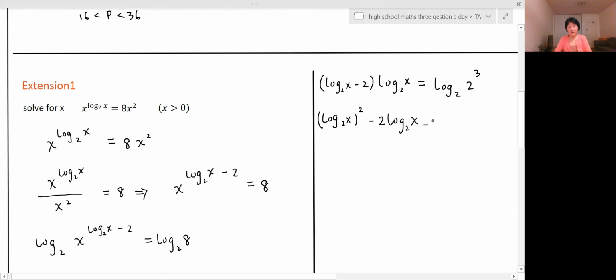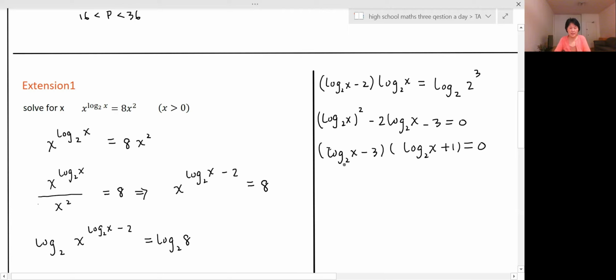I move 3 to the left-hand side: minus 3 equals 0. Then I can factorize: log base 2 of x minus 3, times log base 2 of x plus 1, equals 0.